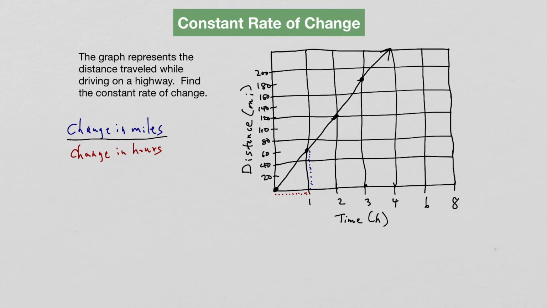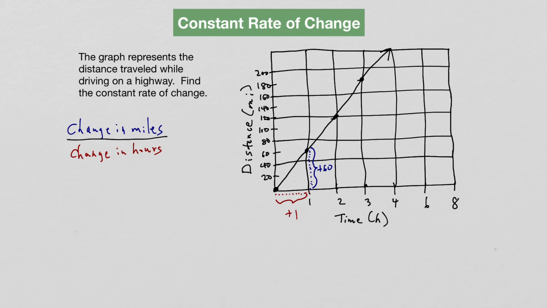Okay, and we see that the change here is going from 0 to 1. So the difference is a +1. And then if you take a look at the difference between here, we're going plus 60 miles.